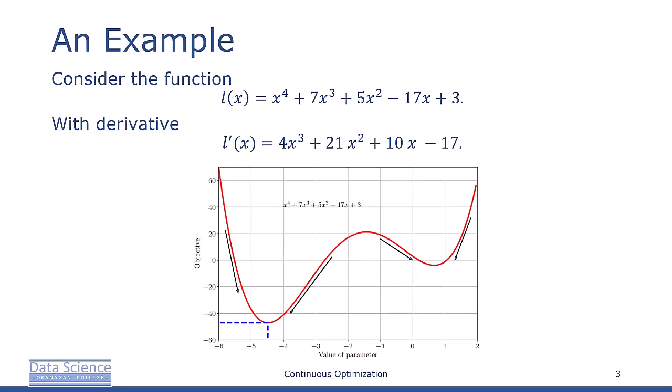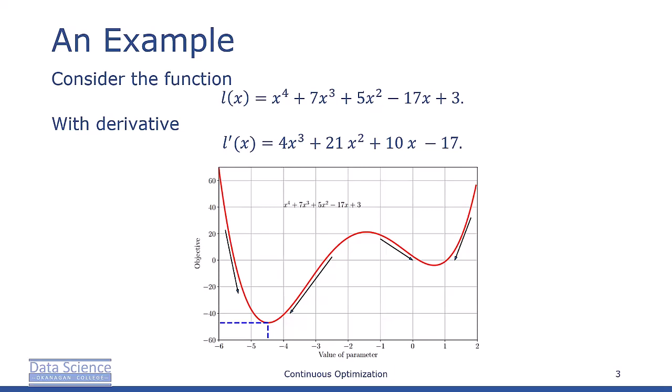Remember that we can solve for all local minima of a function by calculating the derivatives and setting them equal to 0. For this function, we get a corresponding gradient or derivative of L'(x) = 4x^3 + 21x^2 + 10x - 17. Since this is a cubic equation, it will in general have three solutions when set equal to 0.